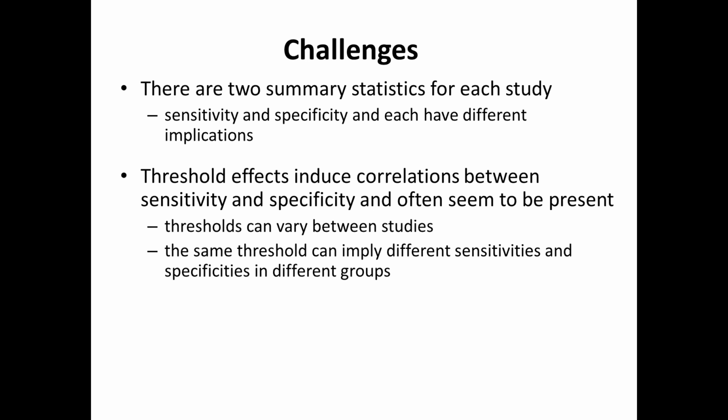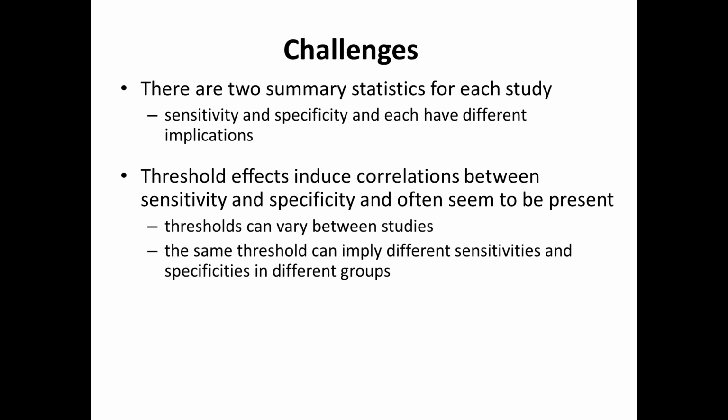So thresholds will differ between studies. Some studies may use a threshold of 3, some use a threshold of 5, and these are explicit thresholds. But sometimes we don't have explicit thresholds. So as I said, if you're looking at images, for example, and you've got an ordinal category which reflects the level of suspicion of presence of disease, it's not an exact number.